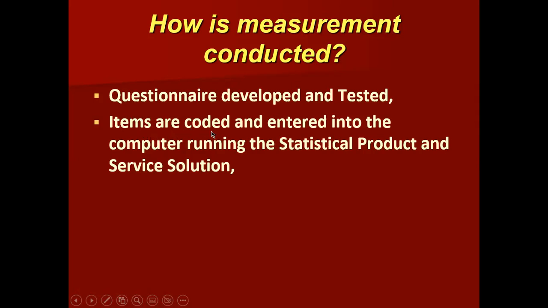Those items are now coded and entered into the computer running the Statistical Product and Service Solution, which is the SPSS. Today, we do not refer to it as Statistical Package for Social Sciences.